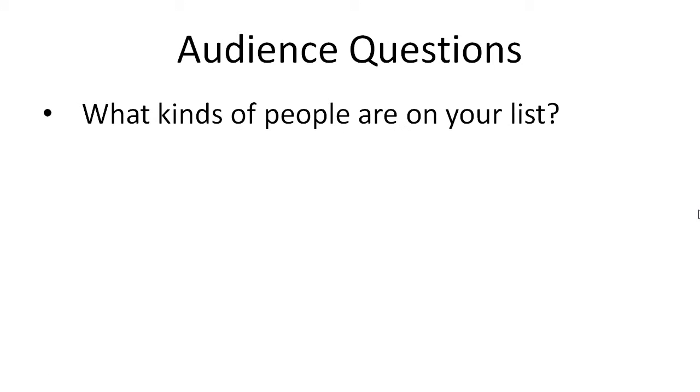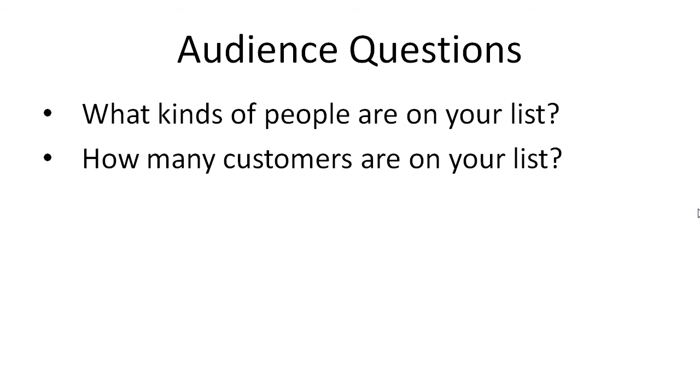Audience questions. What kinds of people are on your list? For example, how many customers are on your list? Maybe not everybody can tell you exact numbers, but they can tell you, okay, this list here is mainly ad swaps, or this list here has partial customers, partial ad swaps.